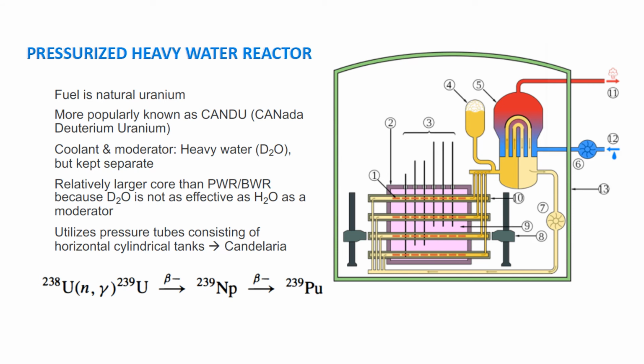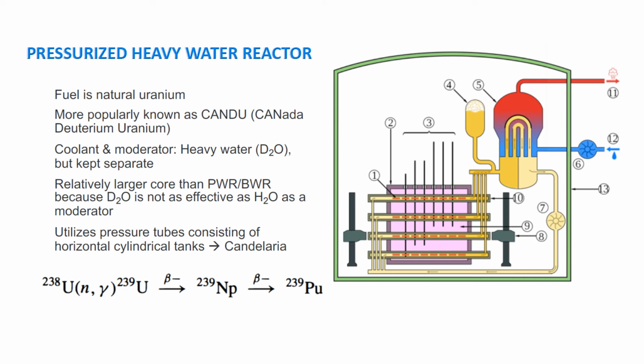The next type is your pressurized heavy water reactor, where your fuel is just natural uranium, and more properly known as your CANDU, meaning Canada Deuterium Uranium. The coolant and moderator is heavy water, your D2O, but kept separate.